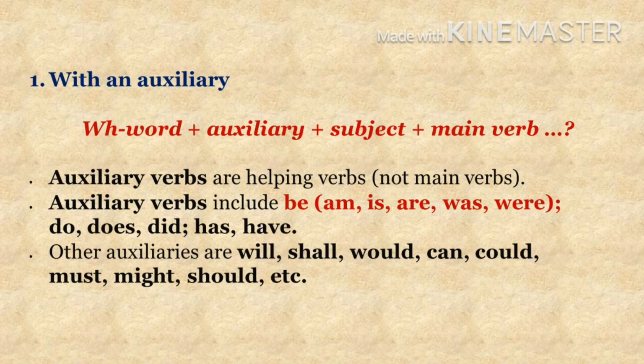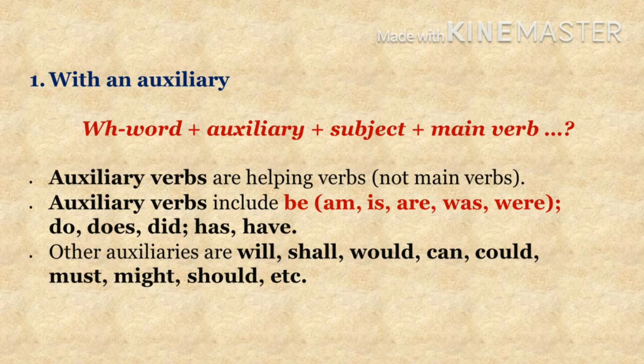Auxiliary verbs include be. For present be we have am, is, are. Or for past be we have was and were. We also have do, does, did, and has, have for auxiliary verbs.